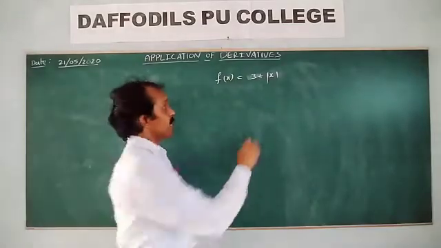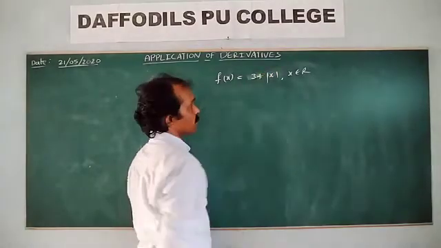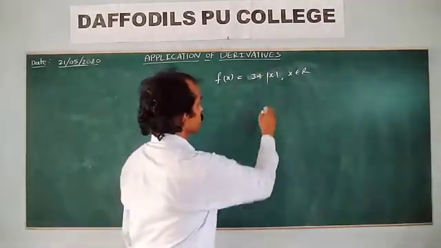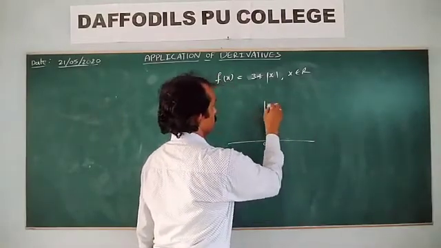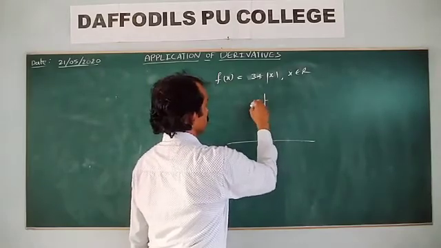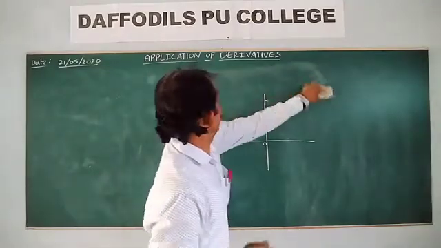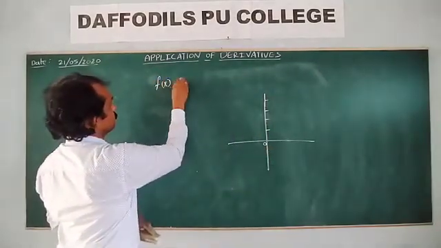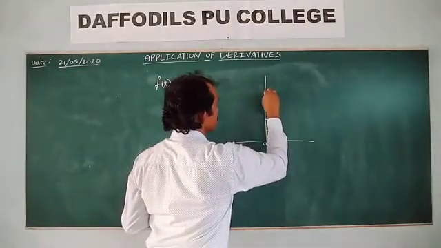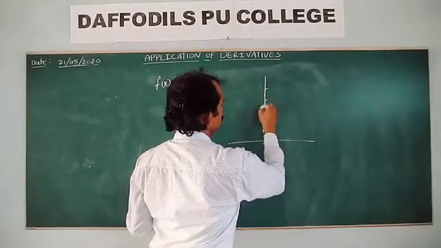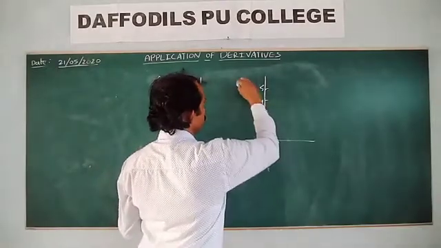Example: 3 plus mod x belongs to R. Put x equal to 0. What is the value? 3.